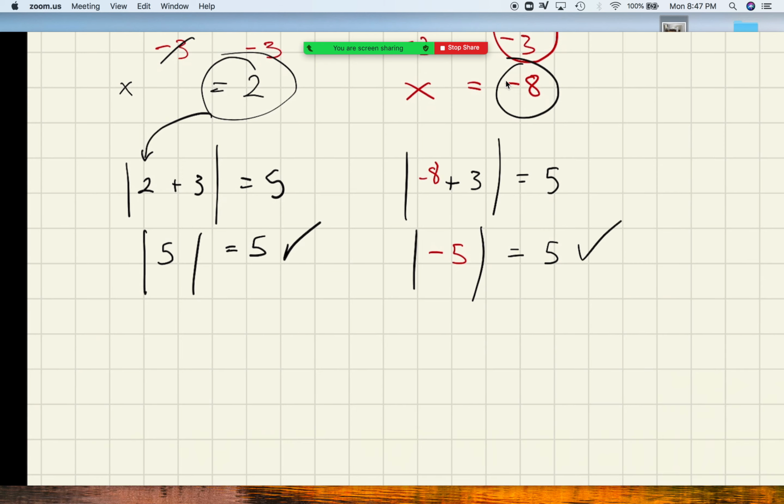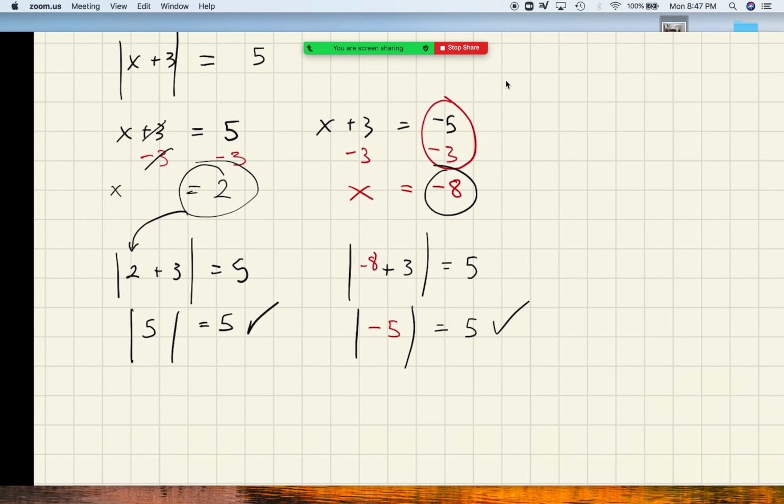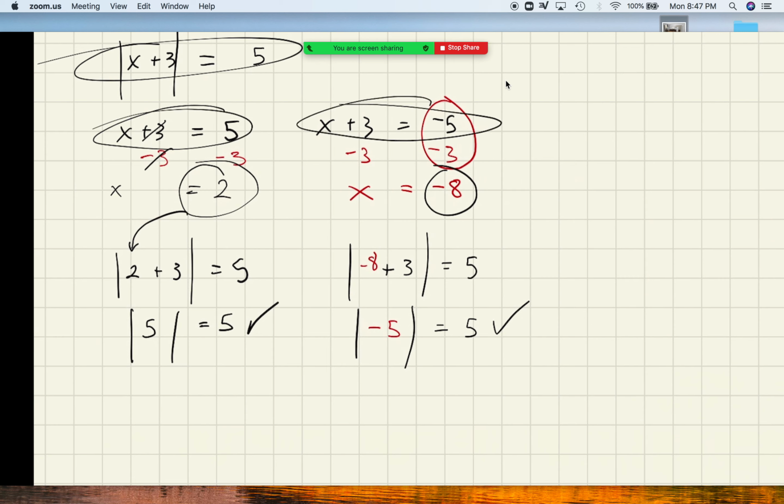So that also works. So the two cases that you make are: write the exact same equation down without absolute values, that's what we had there. And then write the exact same equation down without absolute value, but change this number to a negative. And you solve those, and then they both work out.